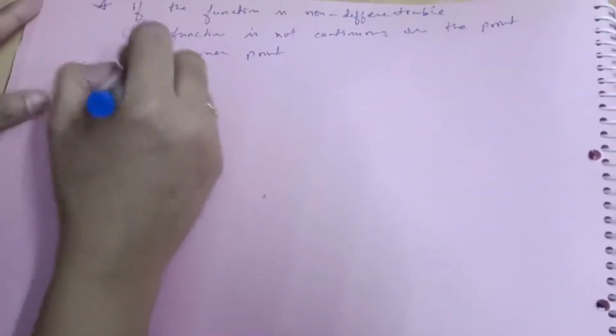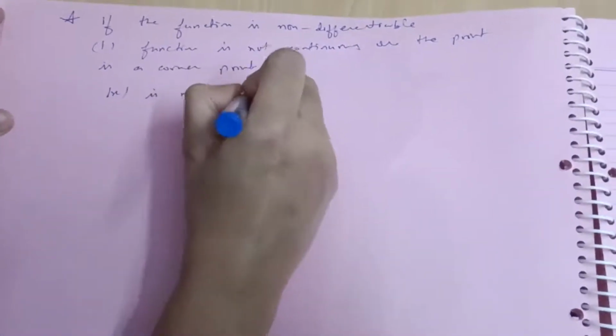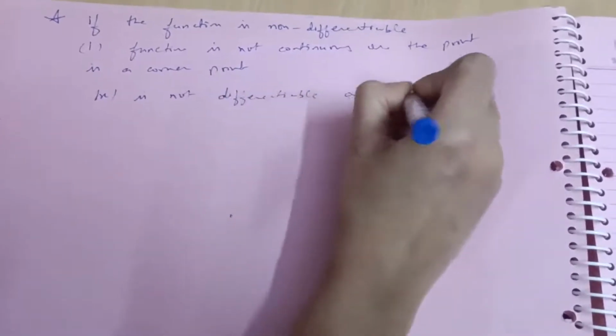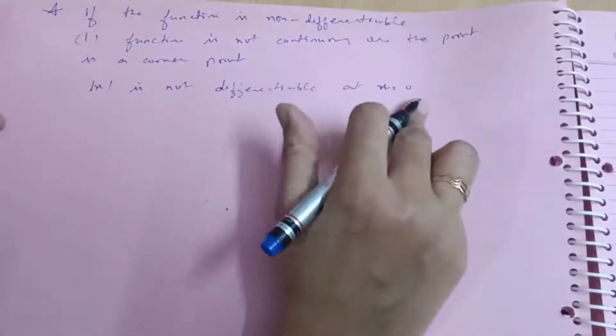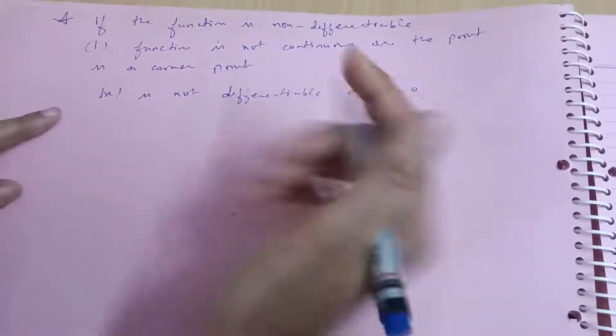Suppose mod x is not differentiable at x equals 0. We know mod x is continuous, already we have proved. Not differentiable, I am directly telling you.